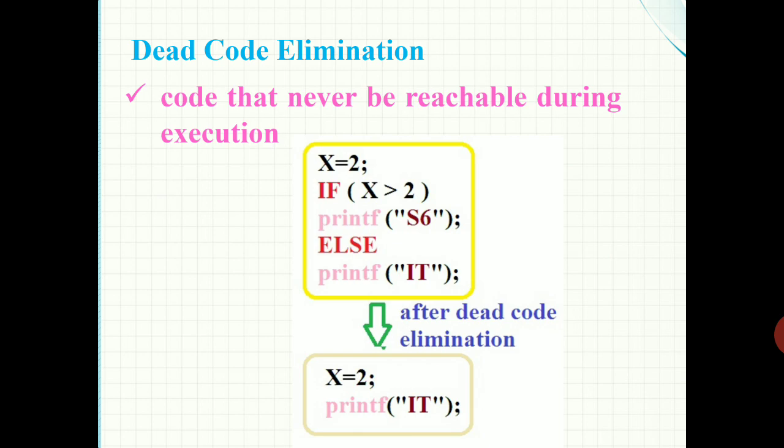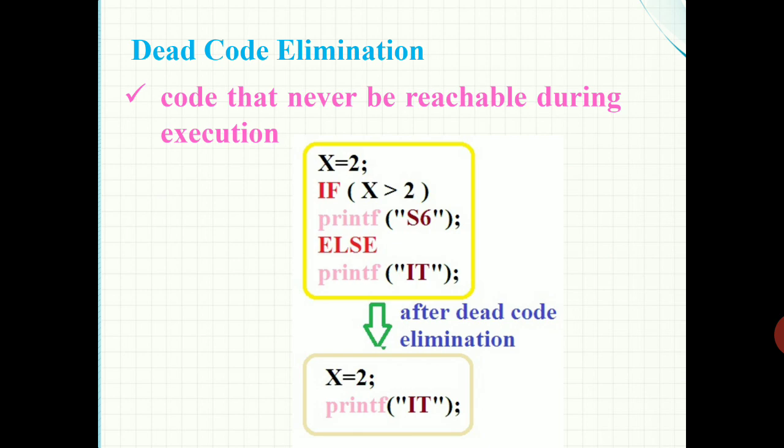Based on our logic, if the value of x is not greater than 2, we are going to perform the print it part. So here we are fixing the value of x = 2, so it will never print s6. So we can eliminate such code by writing the code as x = 2 and printf it.